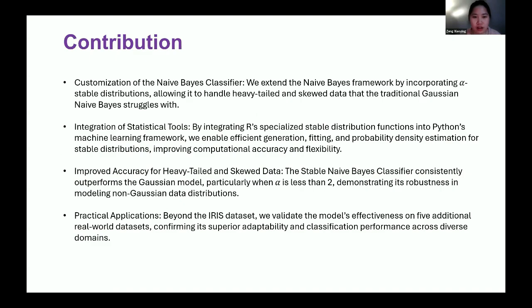We also use the R stable package, its stable distribution functions, to integrate into Python for the machine learning framework. We also improve the accuracy for heavy-tailed and skewed data, and we apply it to the iris dataset and five other real-world datasets to prove the accuracy.